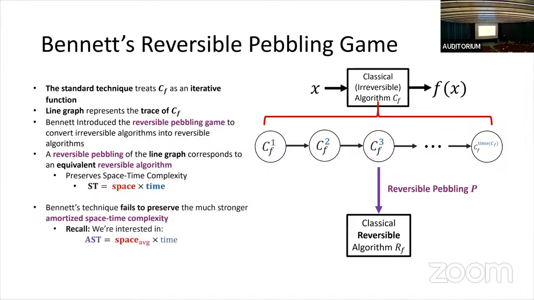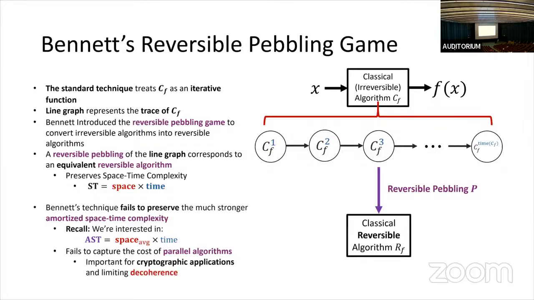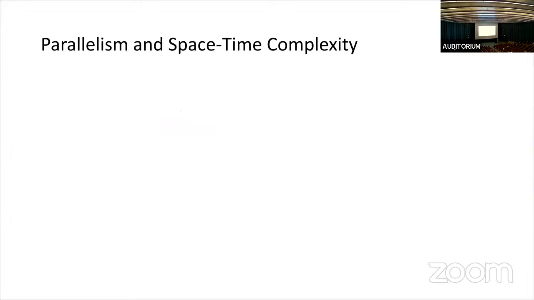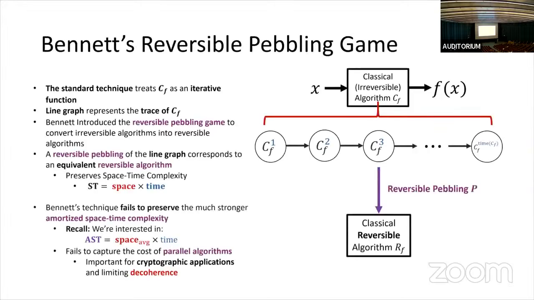And remember, that's just the average space times the time, which is usually a lot different than the maximum space times the time. Space-time complexity also fails to capture the cost of parallel algorithms, which is important for proving the security of certain cryptographic primitives, as well as for limiting decoherence.